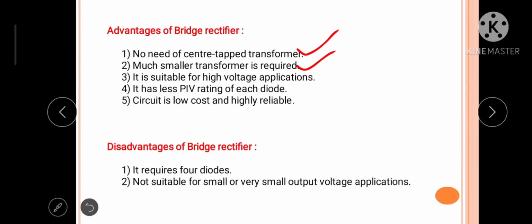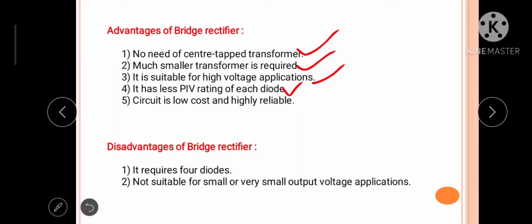As already mentioned, this rectifier is suitable for high voltage applications. Next, it has less PIV rating of diodes, PIV meaning peak inverse voltage. And finally, the circuit becomes low cost and highly reliable.